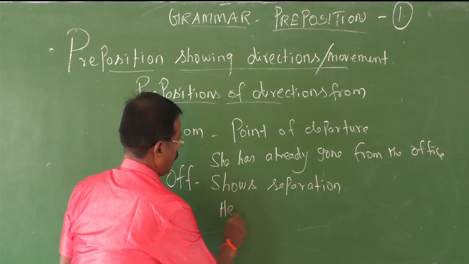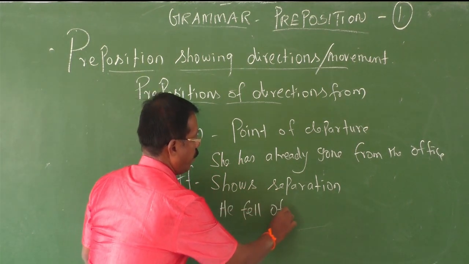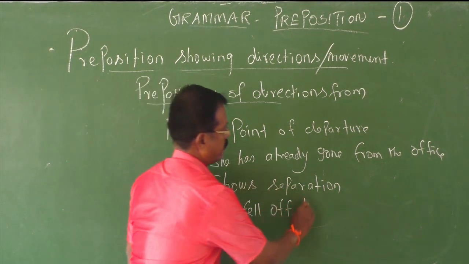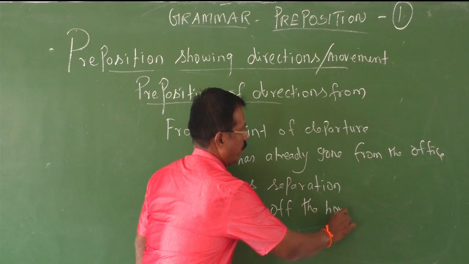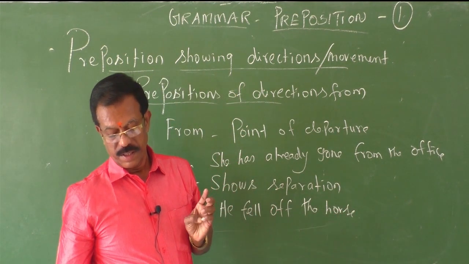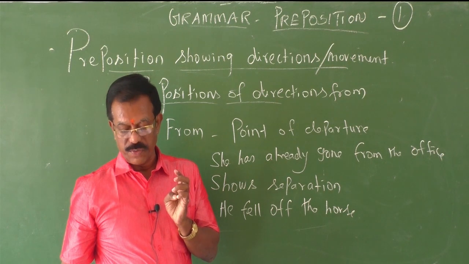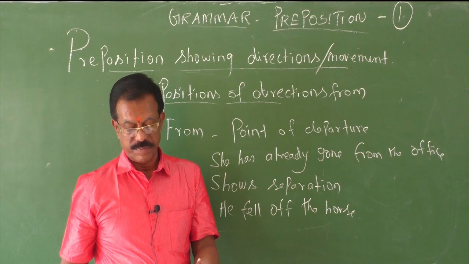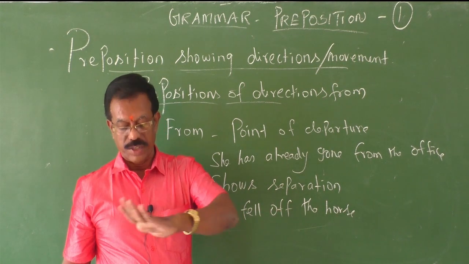Example: he fell off the horse. It shows separation. The ball rolled off the table.